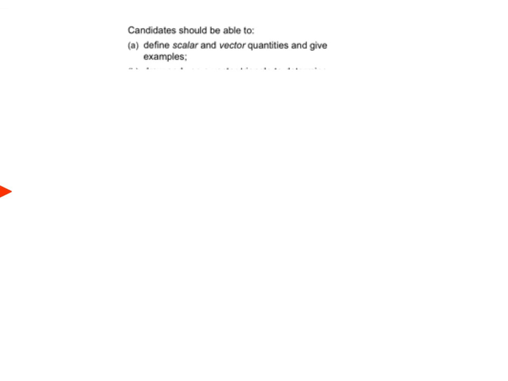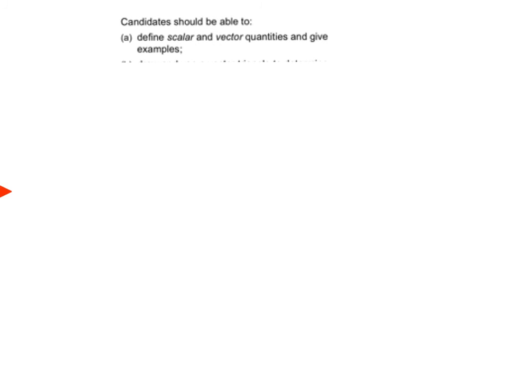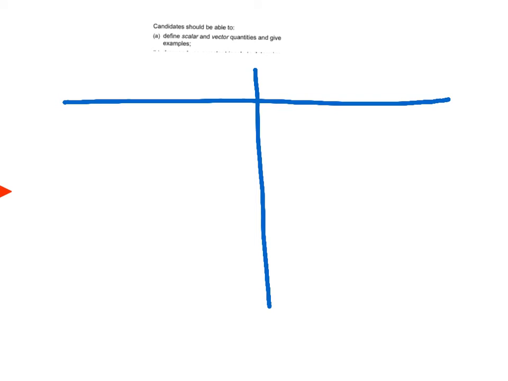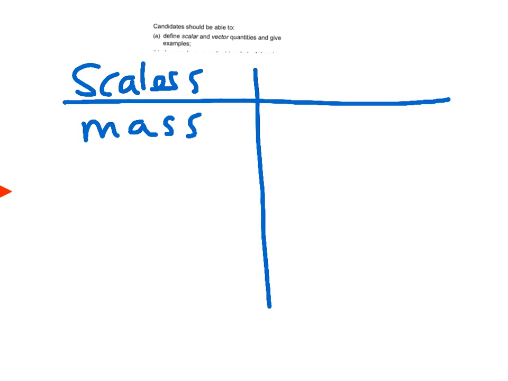Okay, scalars and vectors. What does vector mean? Vector means it just has a direction. So let's just do a big list. We'll have scalars here, vectors there. So scalars don't have a direction. Mass, does that have a direction? Of course it doesn't.